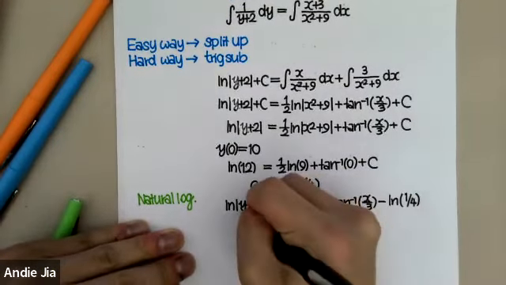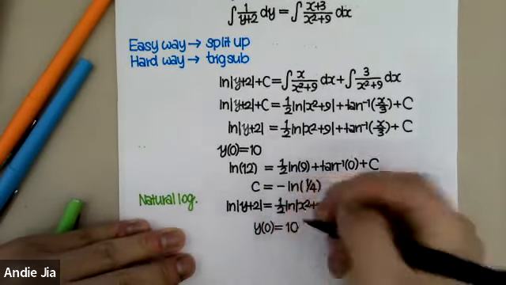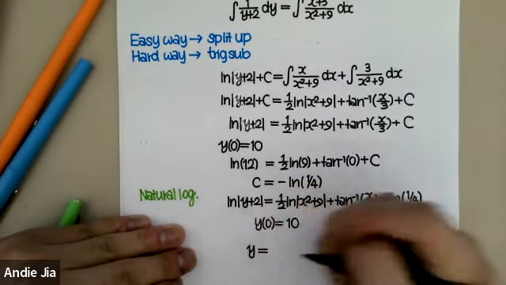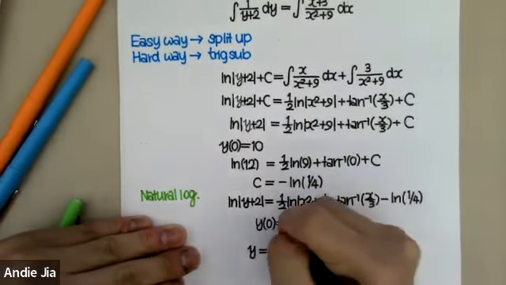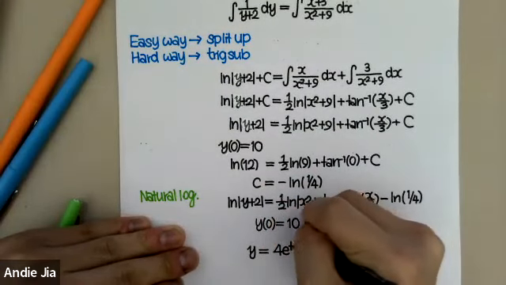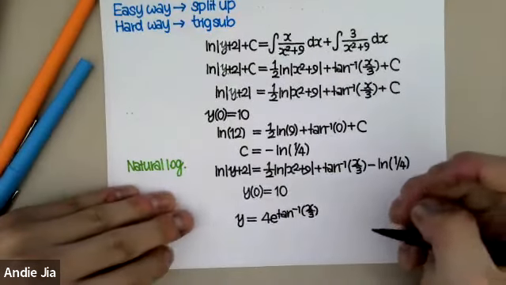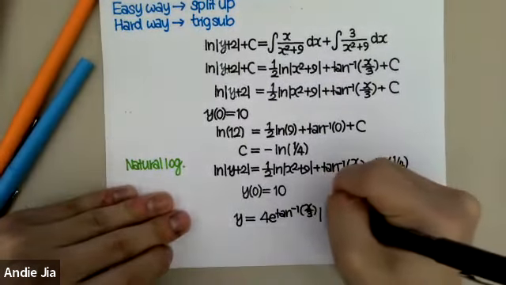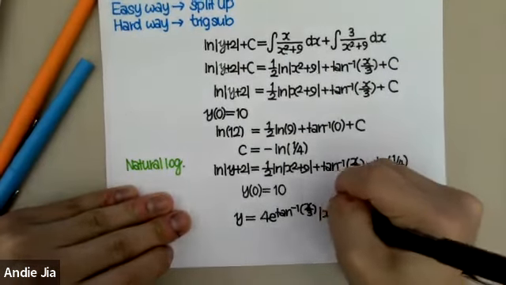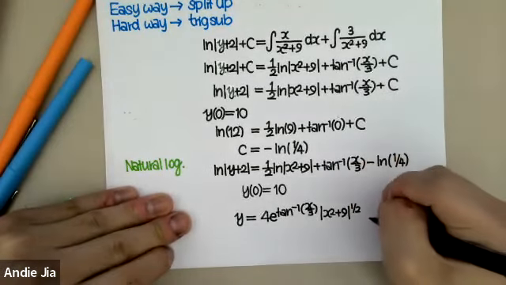And then y of 0 is 10 again. So now we have y equals 4 e to the arctangent of x over 3. And then we have x squared plus 9 to the 1/2, and then minus 2.